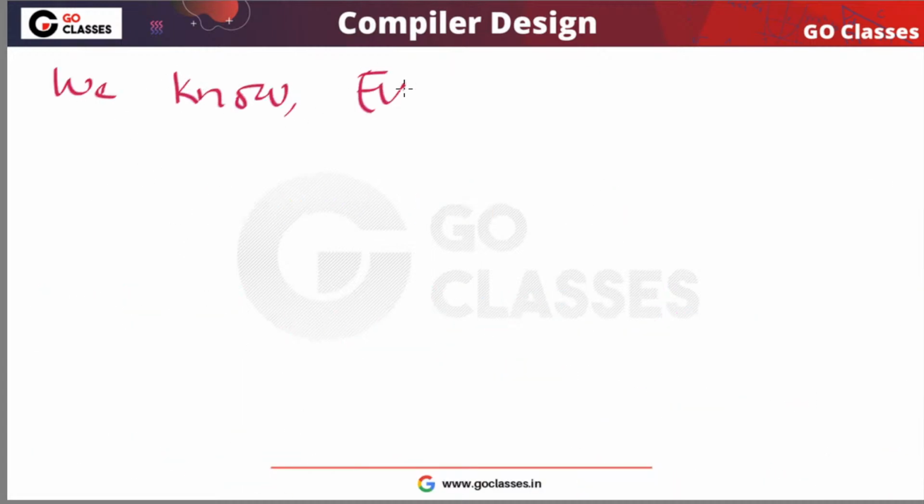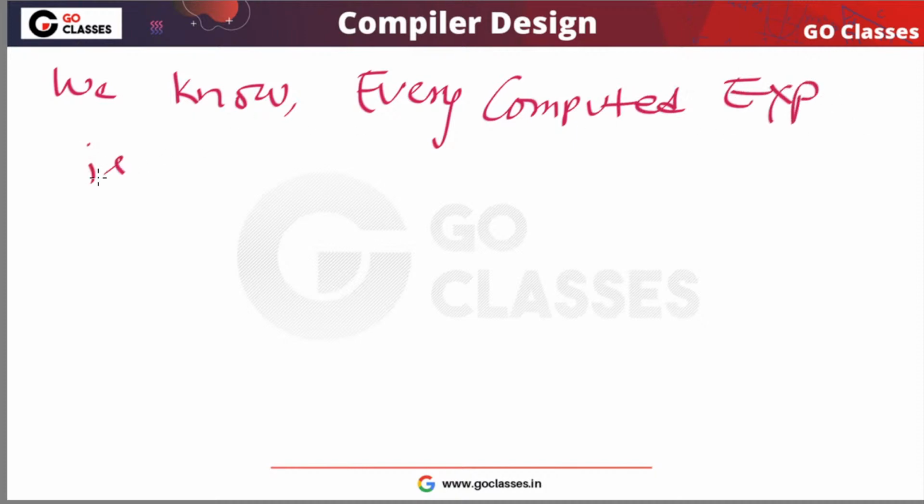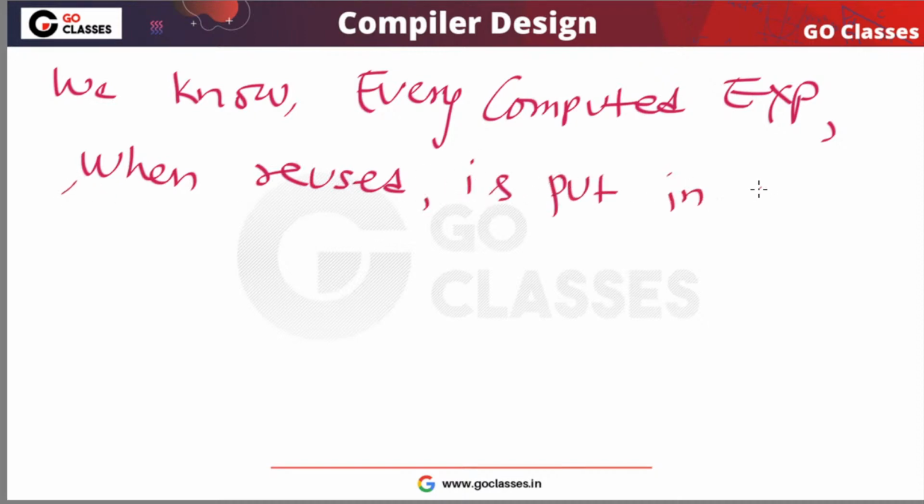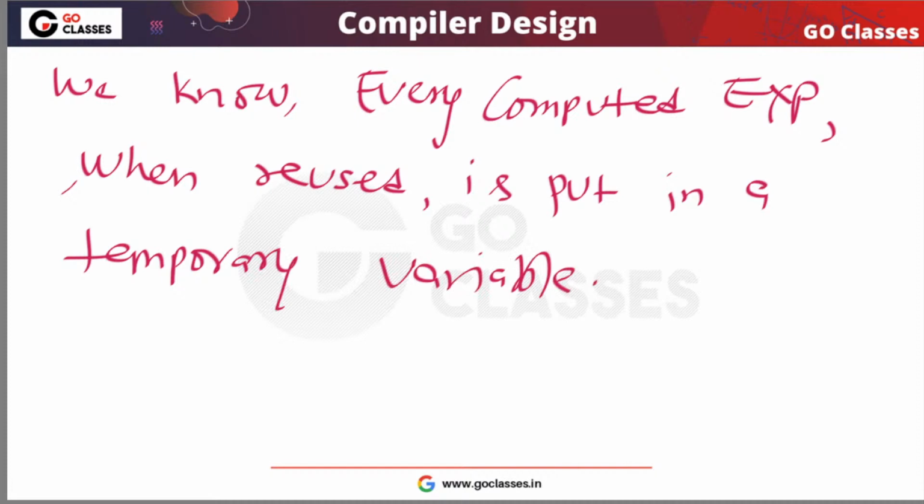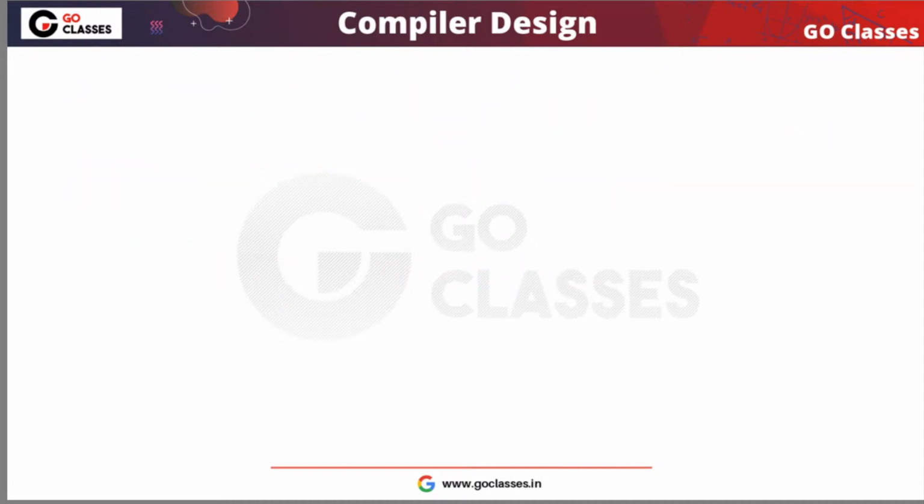We know every computed expression when reused is put in a temporary variable. Because I told you the algorithm, do you remember the algorithm?